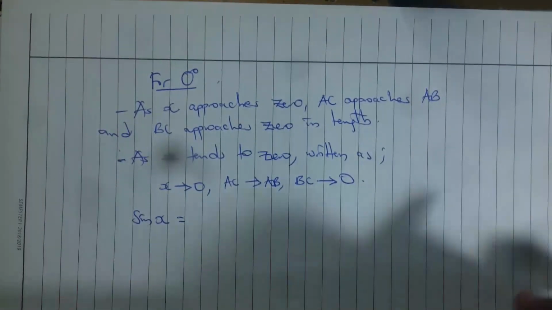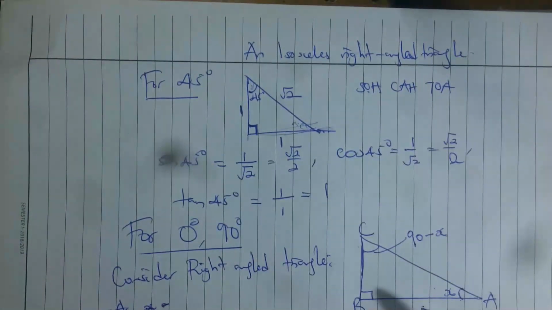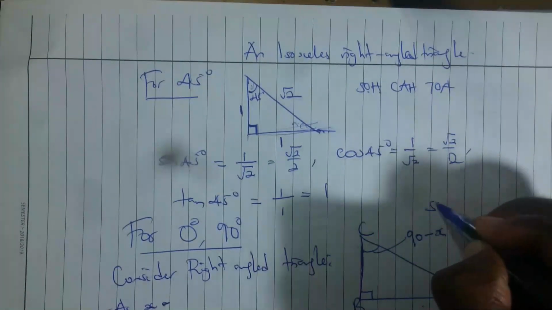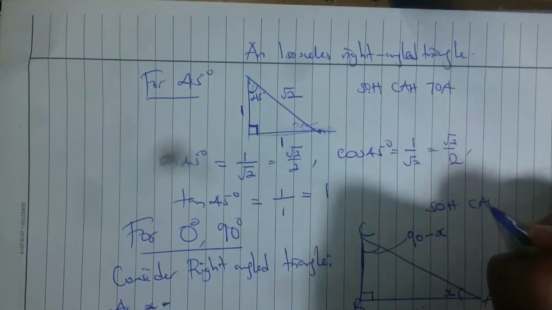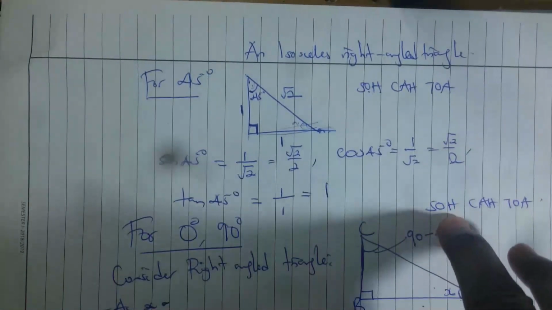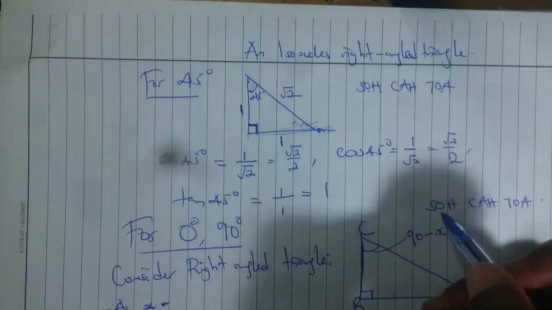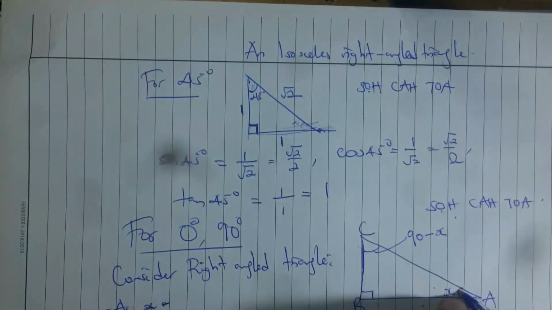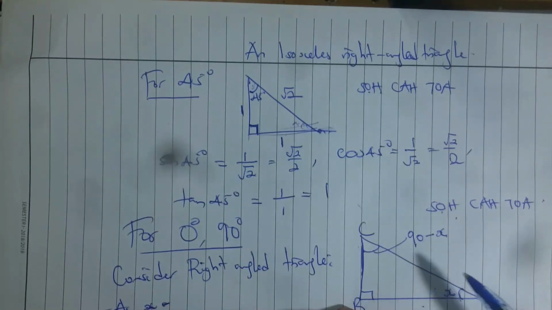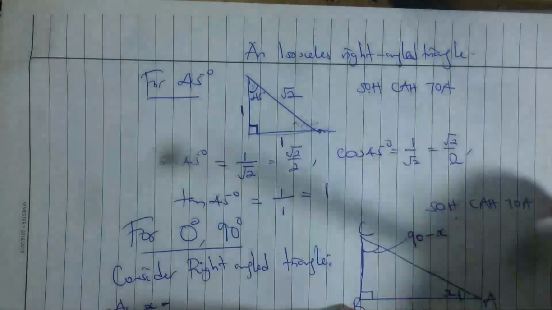What's our sine of x in this right angle triangle? Sine is opposite out of hypotenuse. So x is this angle, the opposite side is BC, and our hypotenuse is AC.